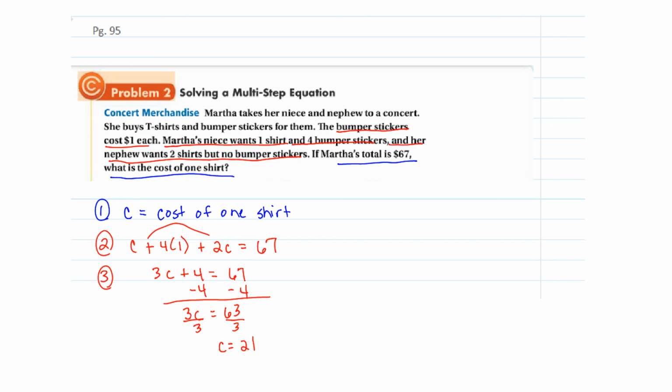And I get C equals 21. So to state my answer, the cost of one shirt is $21. Does that make sense? Yeah, it makes sense. A shirt costing $21 is definitely reasonable. So that makes sense.